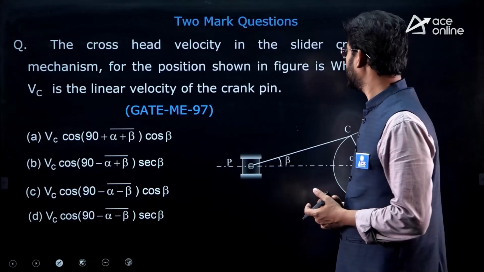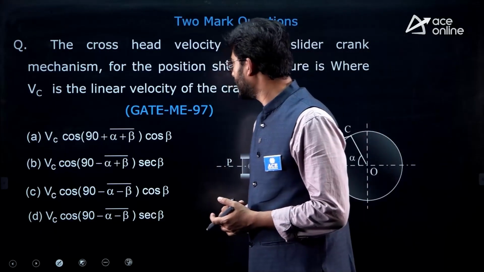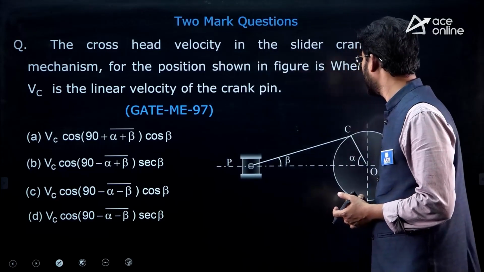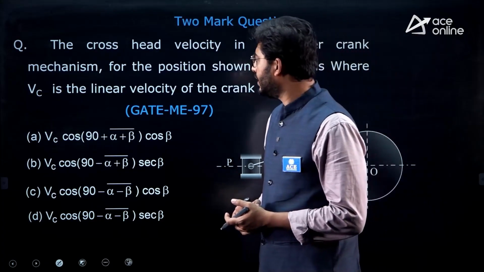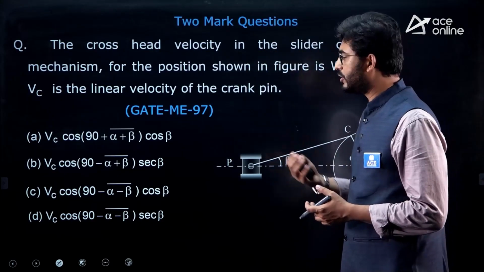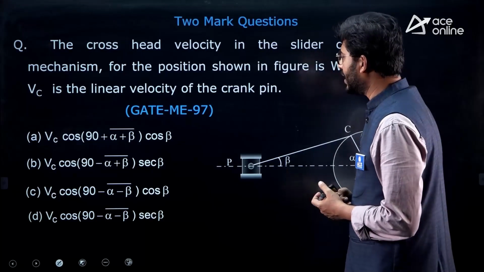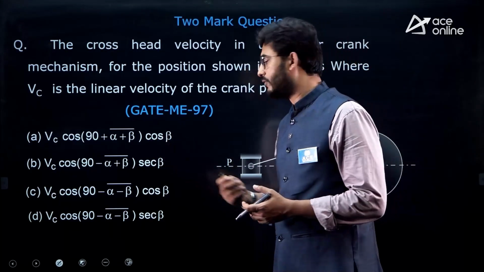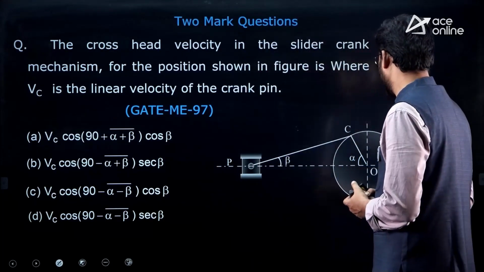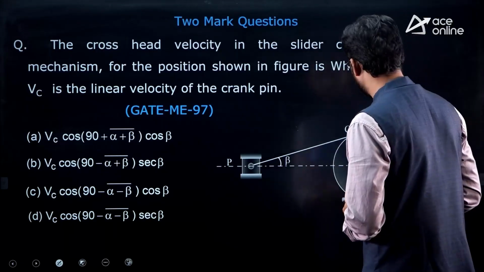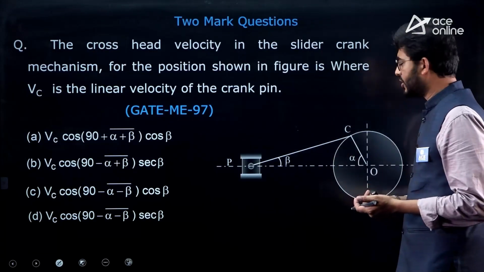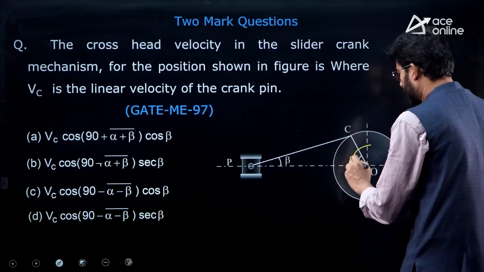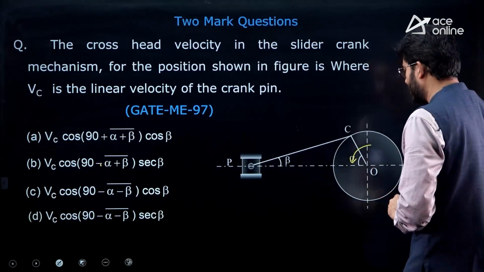The crosshead velocity in the slider crank mechanism for the given position is shown in figure, where Vc is the linear velocity of the crank pin. So velocity of crosshead has to be expressed in terms of velocity of the crank. Now if we draw the velocity vectors, and the direction of rotation is not indicated, let's assume that crank is rotating counterclockwise.